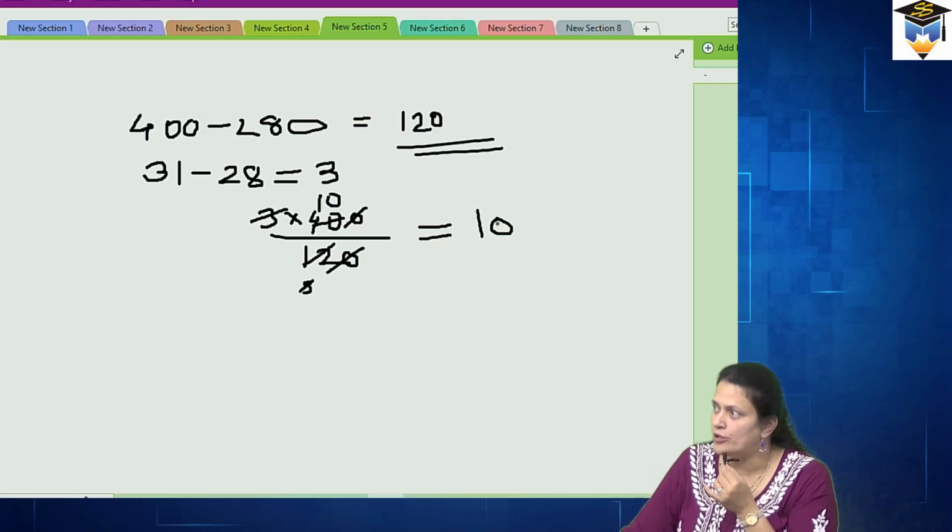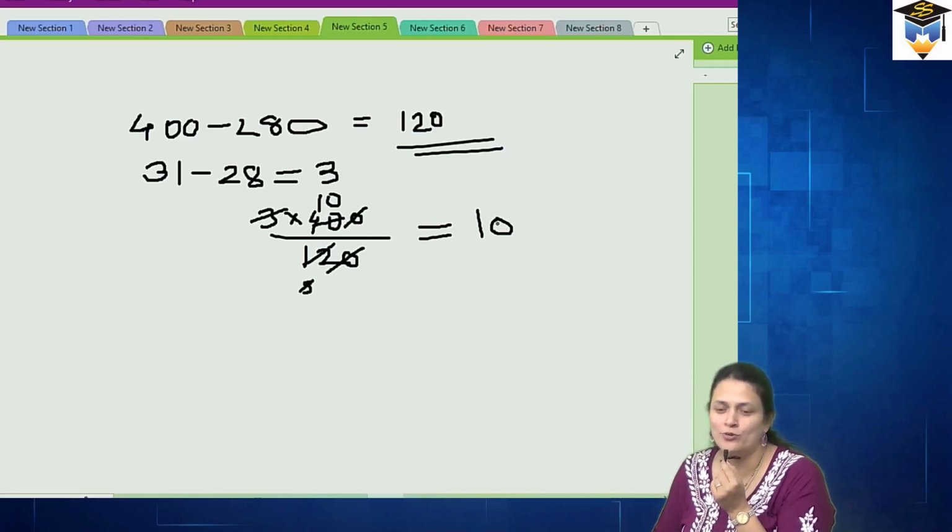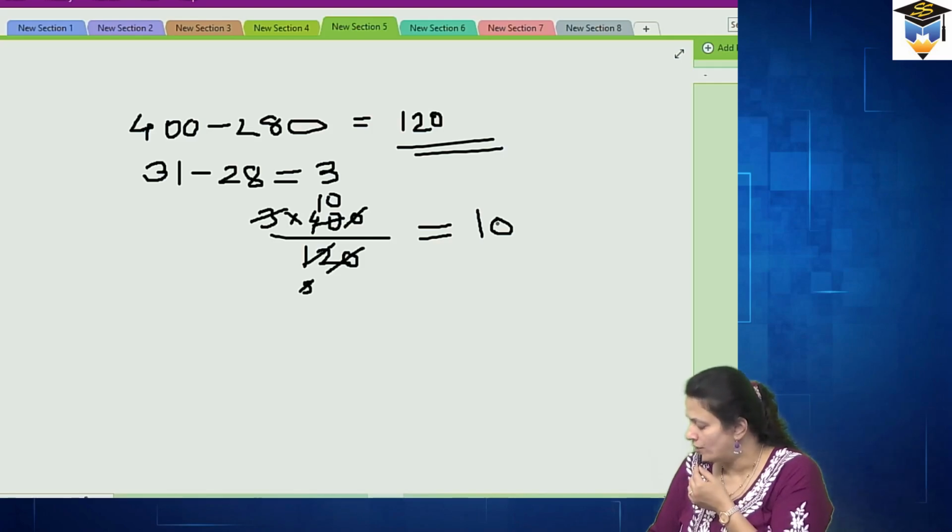Okay, I'm going to read question number 26 now. I've already sent it on the group, that's why I'm not able to show it to you here, but I'm reading it for you so that you understand which sum it is. The largest side of a triangle is 3 times the shortest side, and the third side is 4 centimeters shorter than the largest side.